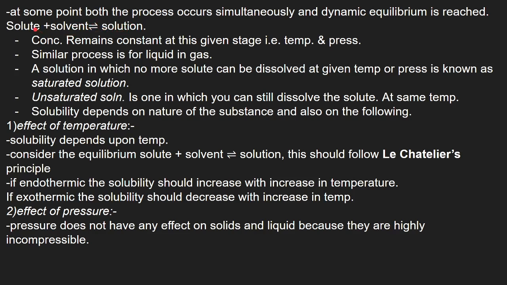So when I try to separate the salt water solution, I will find the solute as salt and the solvent as water. That's what is known as dynamic equilibrium. Okay, so the concentration remains constant at a given temperature and pressure. Here the concentration remains the same, whether you increase or decrease the temperature or the pressure, the concentration won't change, it will be as it is.